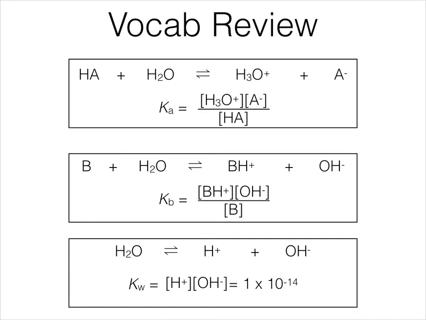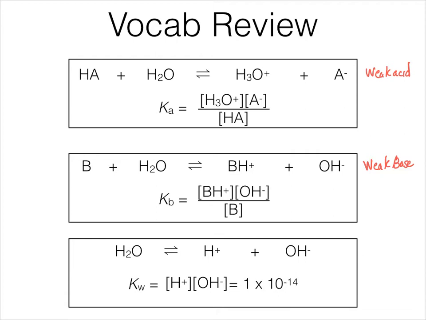We have the reaction of how a weak acid dissociates in water and the Ka that corresponds with that weak acid. We also have the relationship of how a weak base reacts with water and the equilibrium expression that corresponds to that one.